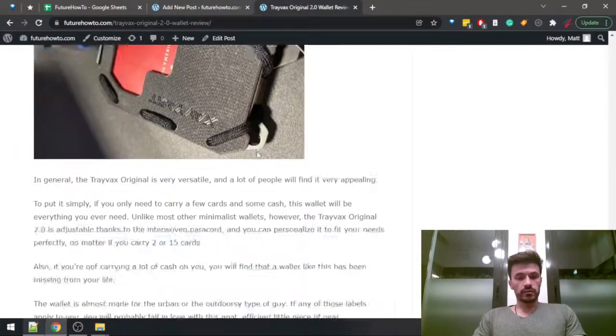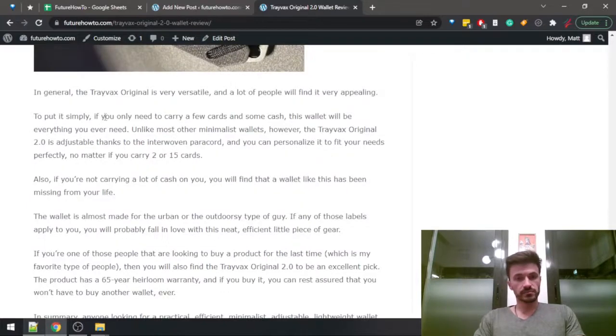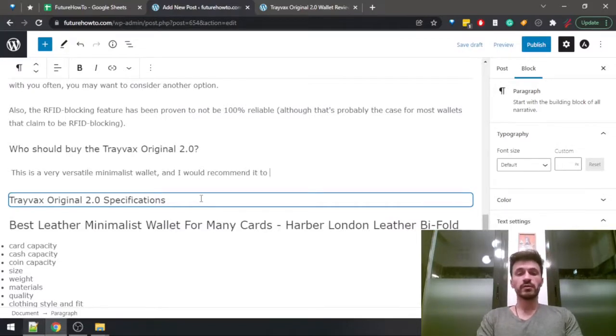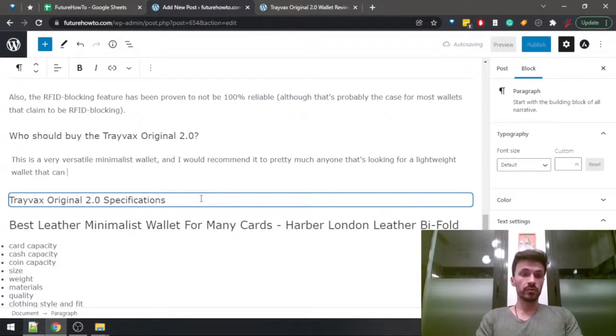Who should buy the TraveX? This is a very versatile minimalist wallet, and I would recommend it to pretty much anyone that's looking for a lightweight wallet that can hold a pretty large number of cards.